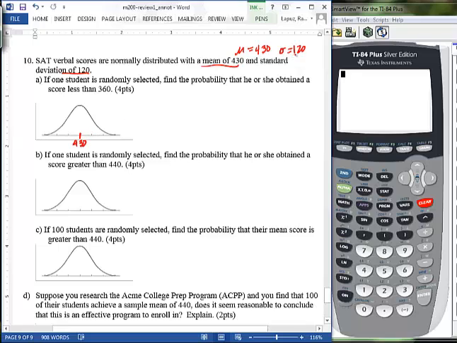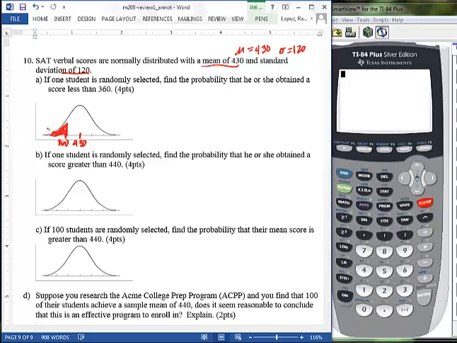Our 360 is a little bit less than the mean. We can compute it to be more precise, but let's just say 360 is over here, and we want the probability that we get somebody with a score of 360 or less.